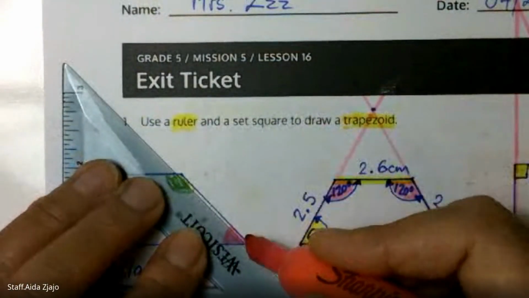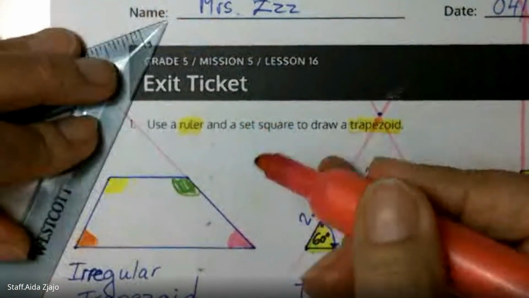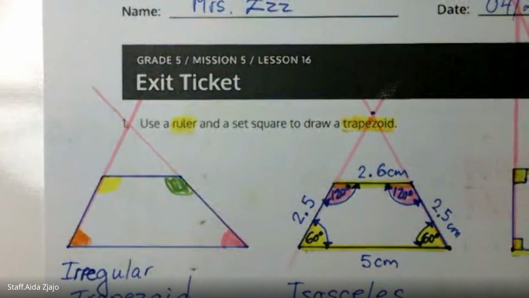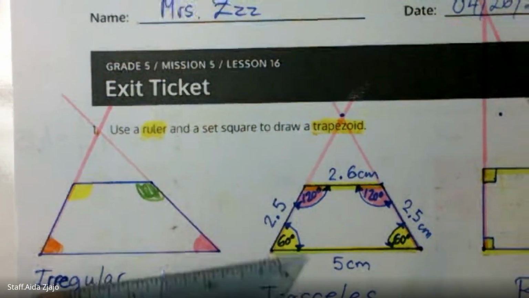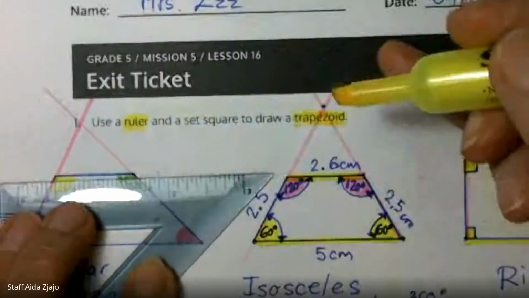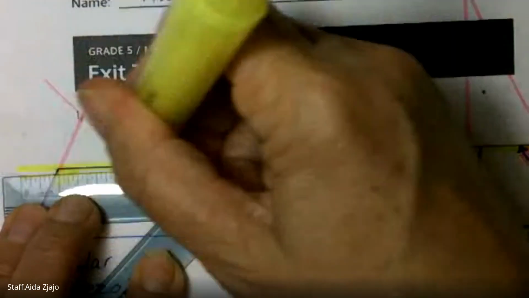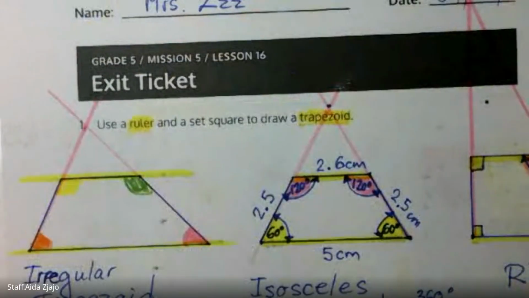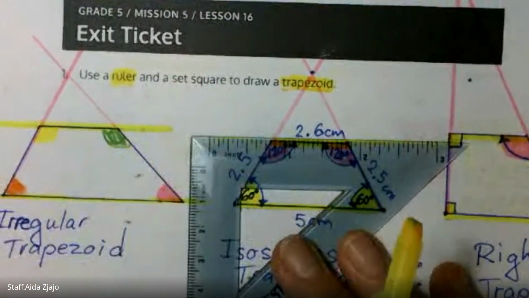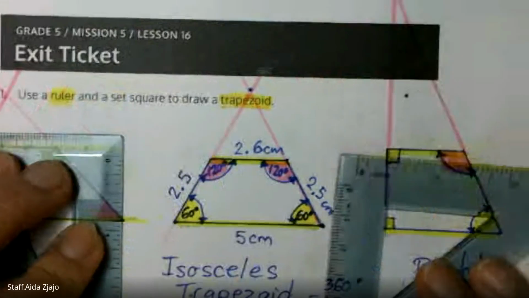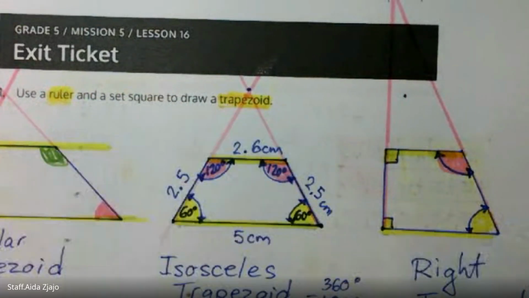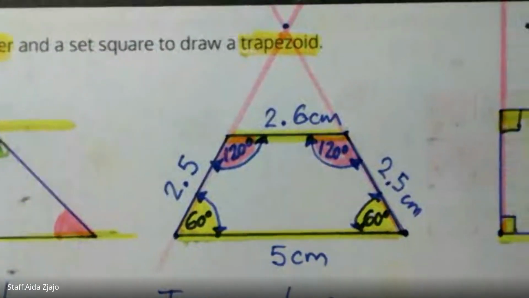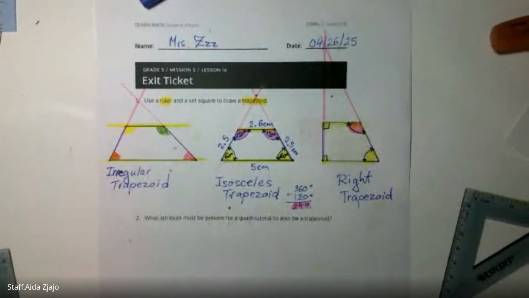If I take this one, it will intersect at this point. When you extend parallel lines, they are never going to meet. This line extended never meets the bottom line, and that's why they are parallel. This one is never going to meet the bottom one, and this top never meets either. And these are your three kinds of trapezoids.